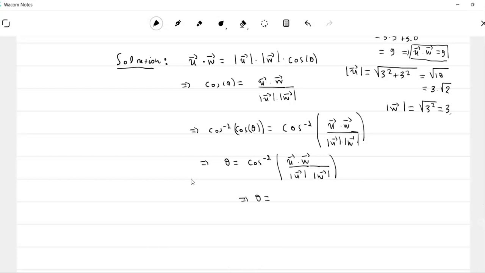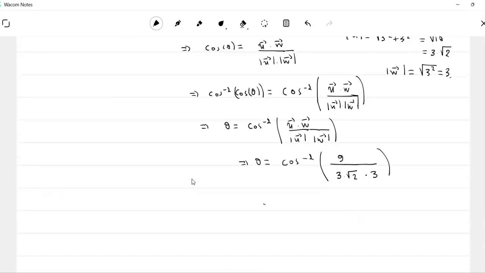Now I can substitute in this formula. So I obtain that theta is arc cos of U dot W, which is 9, over the modulus of U, which is 3 times square root of 2, times the modulus of W, which is 3. So theta is arc cos of 1 over square root of 2, which is arc cos of square root of 2 over 2.